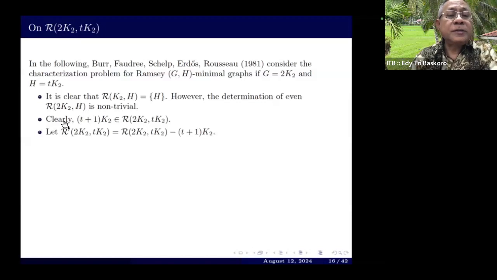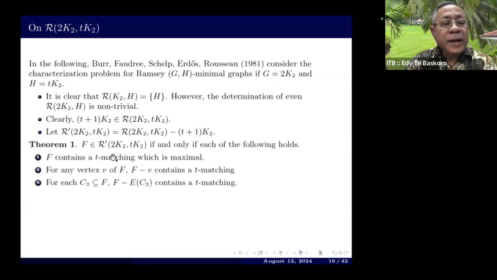Of course, (T+1)K2 belongs to this set of Ramsey minimal graphs. Now, consider the set of Ramsey minimal graphs for (2K2, TK2) which are not (T+1)K2. And we have the following theorem.